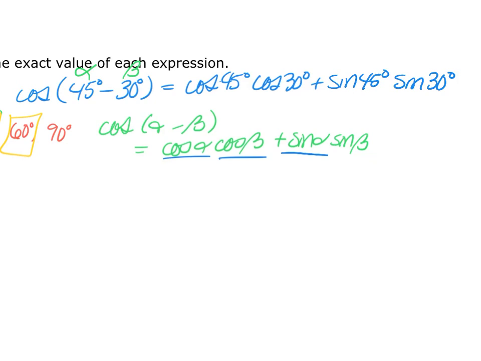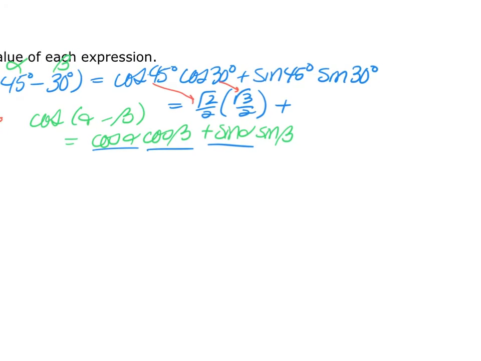Now, when I look on my unit circle, the cosine of 45 degrees is what? What is the cosine of 30 degrees? This is this, and this is this. So I'm just doing replacements.